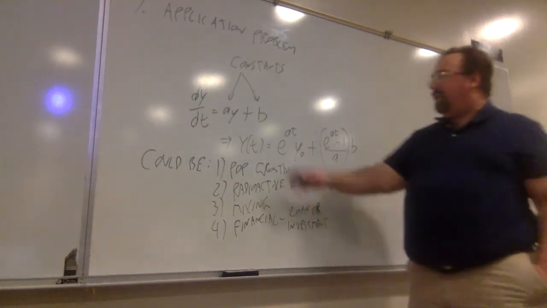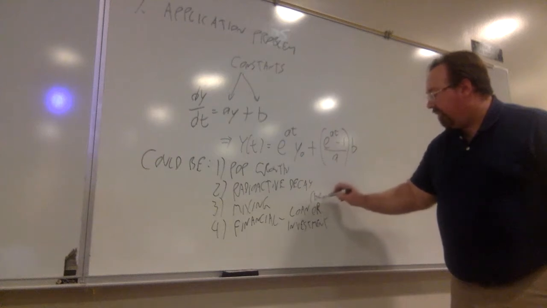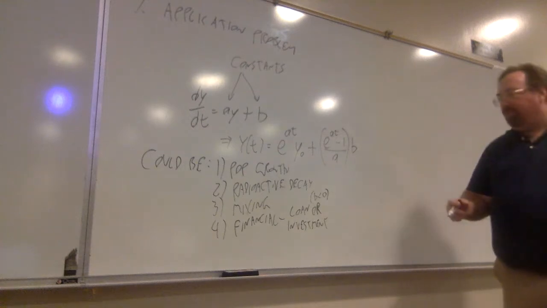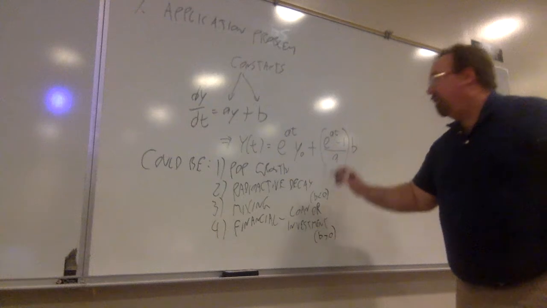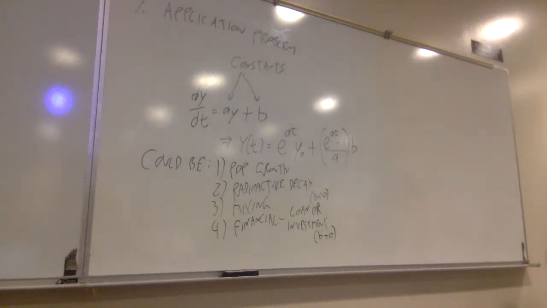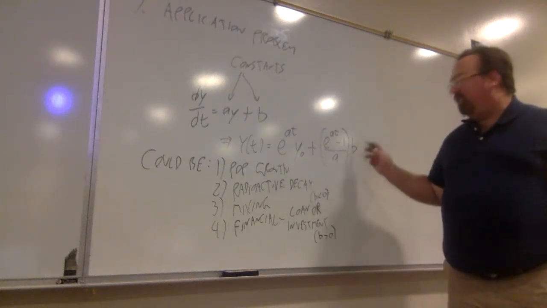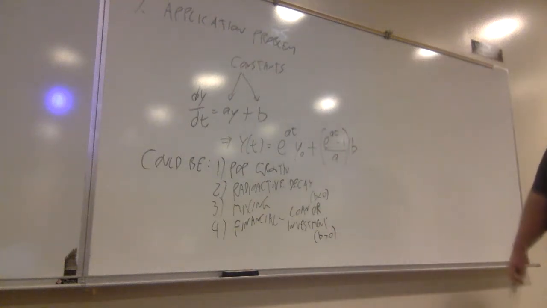Now the equation will be the same in either case. The only difference would be your constant would be negative for the balance of a loan, so you're deducting from it, presumably. Whereas for an investment, the constant b would be positive if you are putting new money into your investment, like every year, for instance. If it's population growth or radioactive decay, in such cases, the constant b is just not part of your solution.